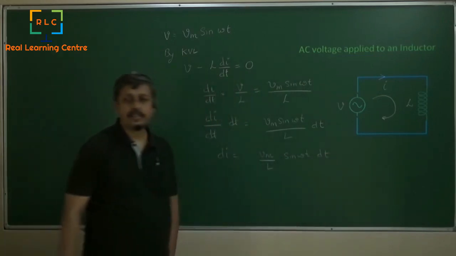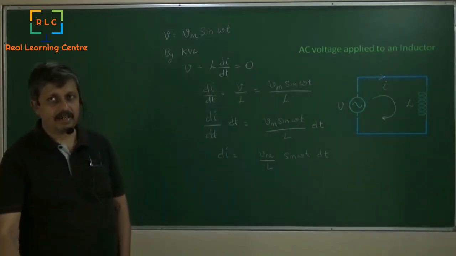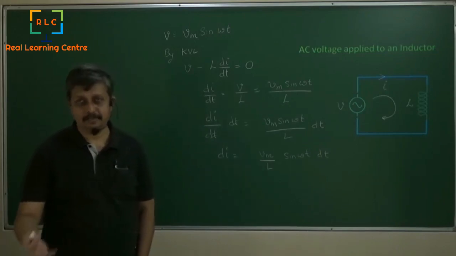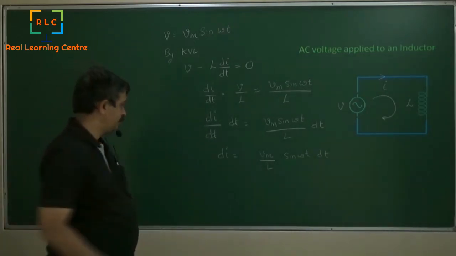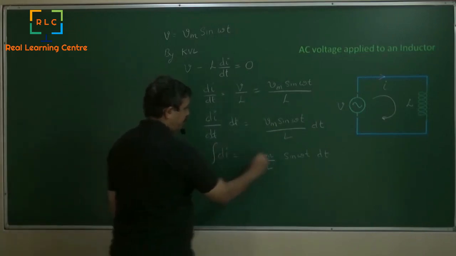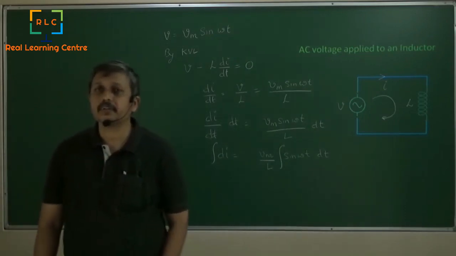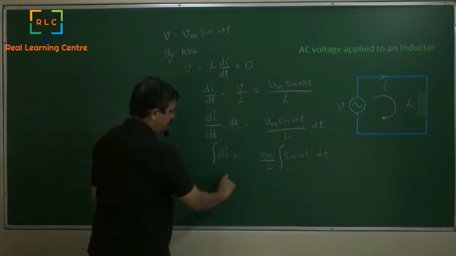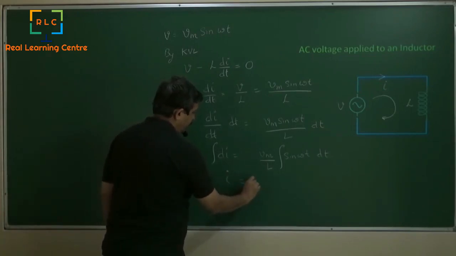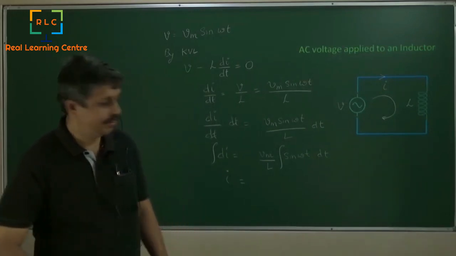Now we are going to integrate both sides to get back I. Our idea is to find out what I is, given V. That is what we are trying to find out. So I'll integrate both sides. This being a constant, I'll keep it out. When you integrate di, we get I, since the integration of dx with respect to x is x.